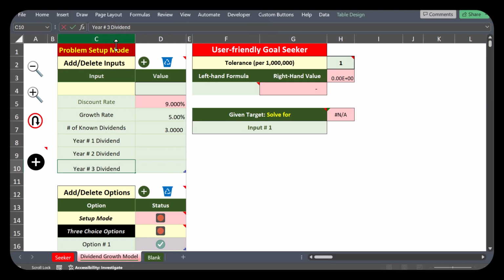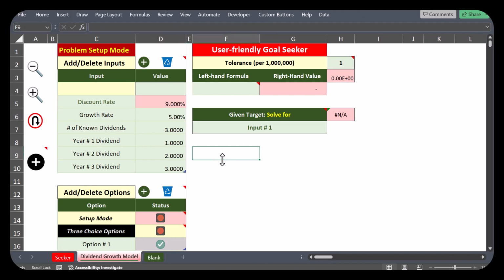Let's say this company is gonna pay $1, $2, $3, and after that, they're just gonna increase by 5% every year. All right. Now, here's what I'm gonna do. Late value.